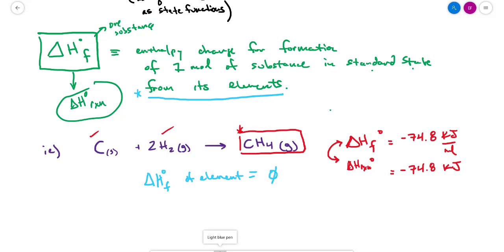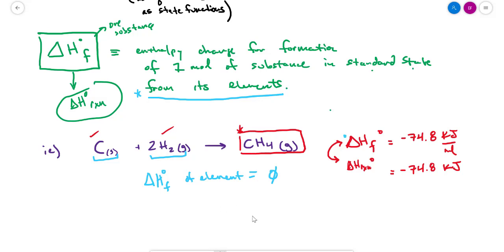In that case, if we wanted to form carbon or form hydrogen gas, we'd say that itself was 0. That's not actually true, but it doesn't matter because we're actually just measuring the delta of something. So it doesn't matter what our starting point is. The actual heat of formation of carbon could be 10 or 100, and this could be 90 or 50 or whatever. It doesn't matter because the delta here would still be the same, and that's the key.